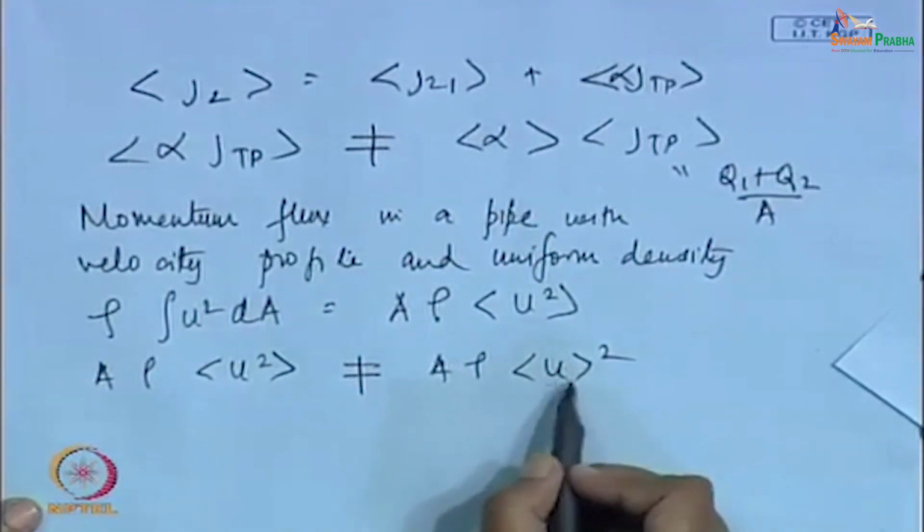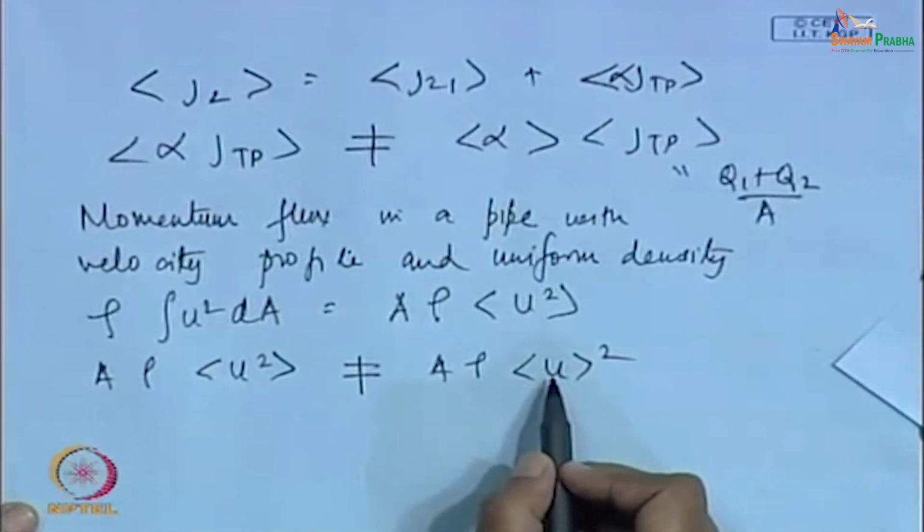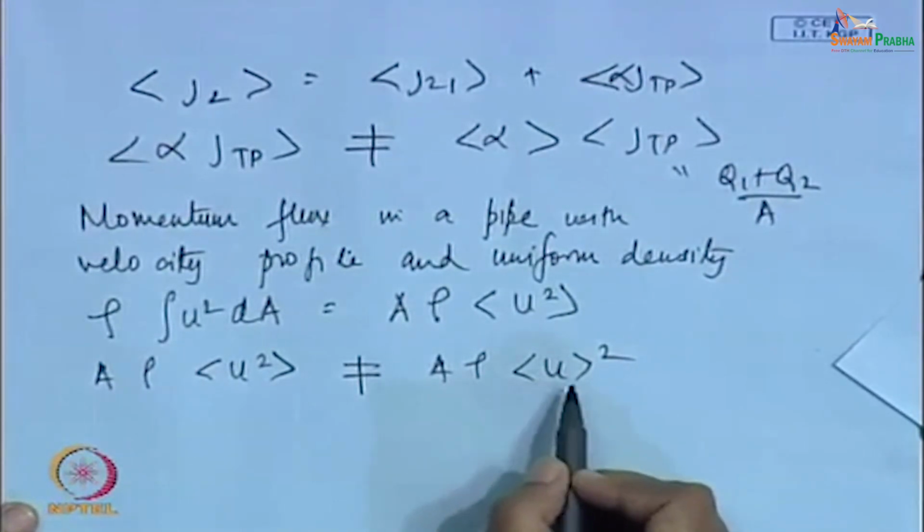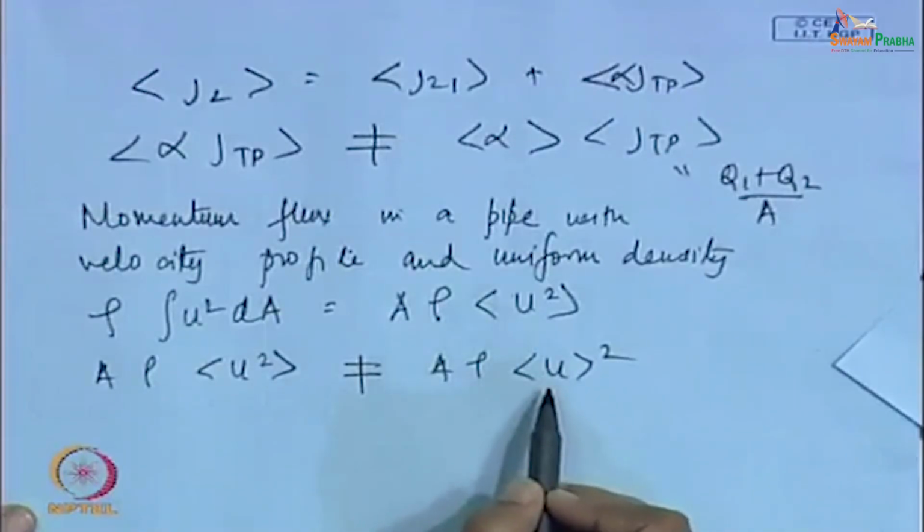Because you just measure the velocity profile and then you square it. But for the other case, you have to measure the velocity at each and every point, square it, find out the profile, then integrate it. So, in single phase flows we just took the ratio of these two and expressed it as a correction factor.